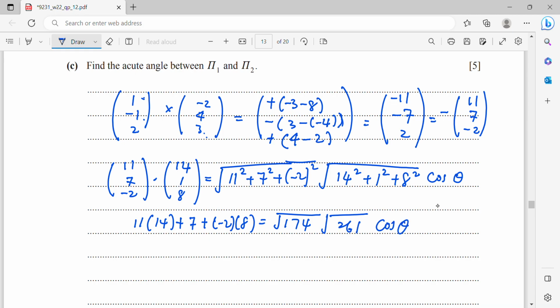Then now the calculation will be for the left side. Right side, you may just copy. Okay, then the theta will be inverse cos.